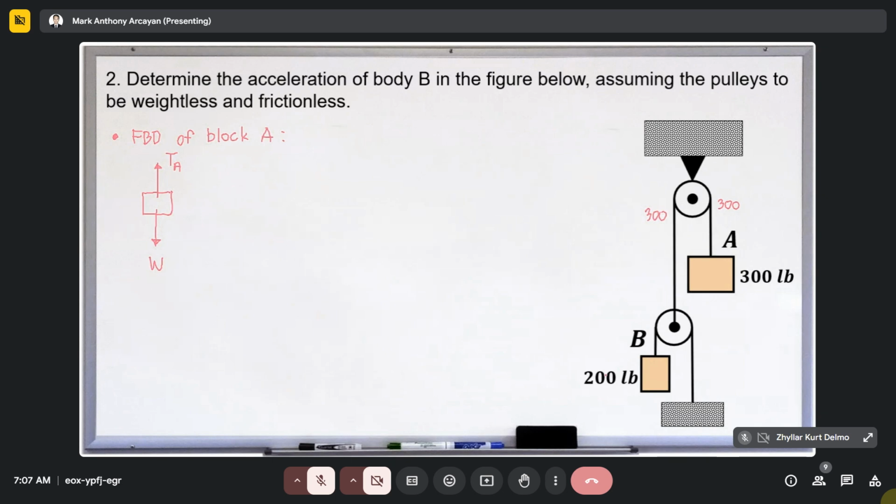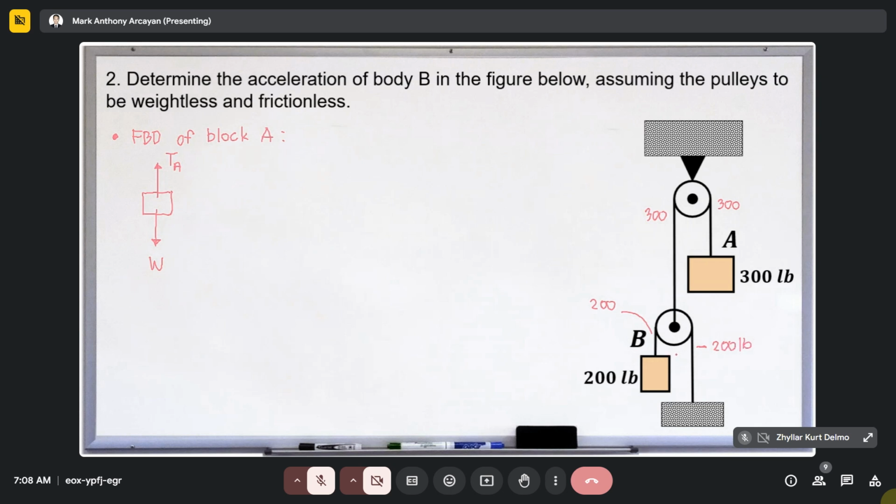In the lower pulley, it supports this 200-pound block, and so the tension being experienced on the left side of this pulley is equal to the weight. We will not consider yet the effects of acceleration this time. Whereas on the other side, class, assuming that this pulley is frictionless, the force here is also 200 pounds.